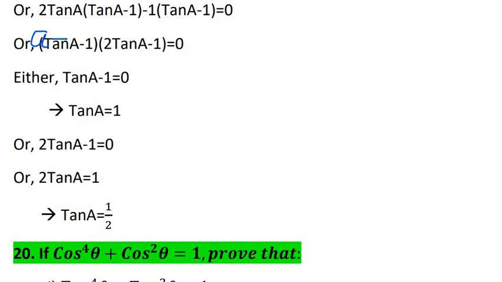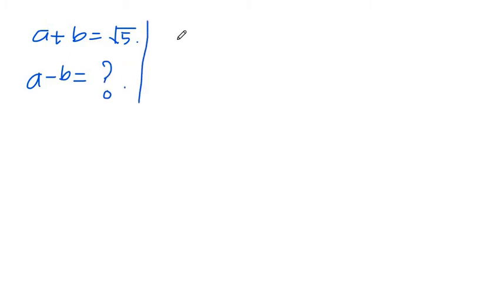Dear students, if you are given a plus b, suppose root 5 is given by the equation, and you need a minus b, then we can express a minus b in terms of a plus b.